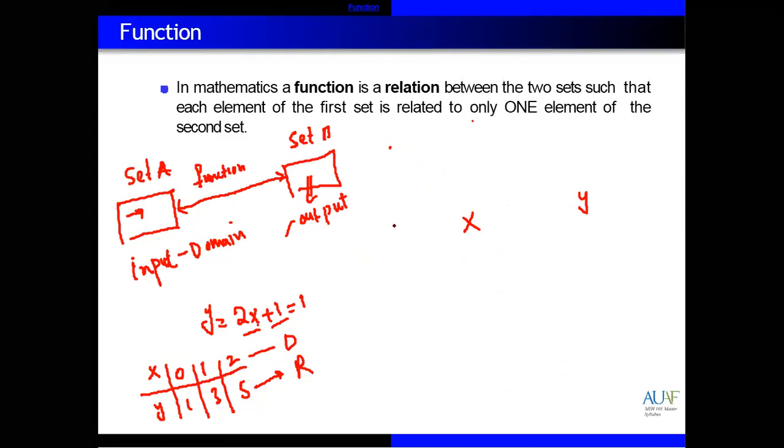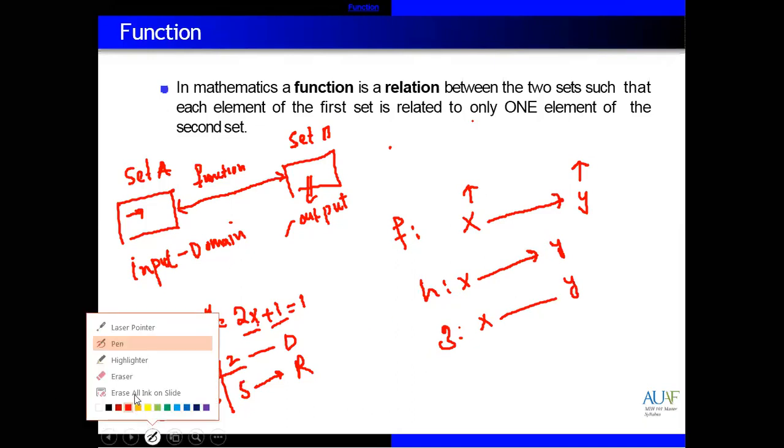So we use a symbol f or g or h. You can say f is a function from x to y, so y means these are output values, x is input values. Or we can say that h is a function from x to y. Or g is a function from x to y. So you can give any name, like f, g, or h. How can we write this in the form of an equation?